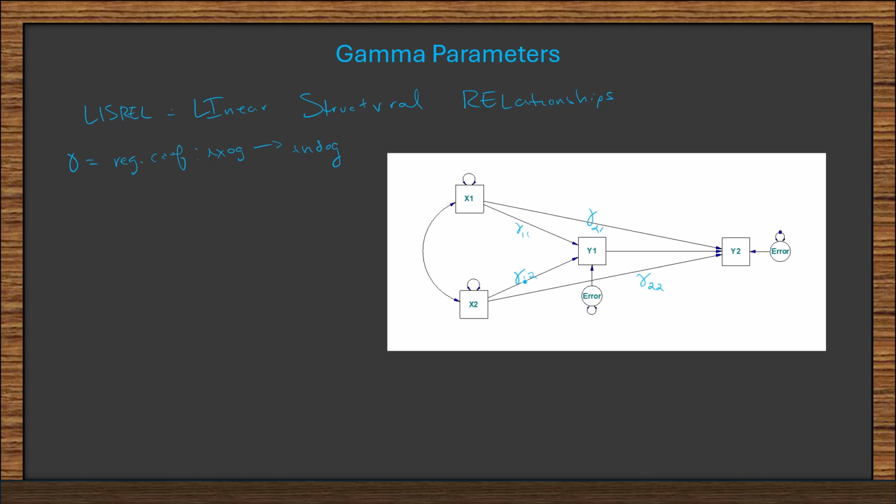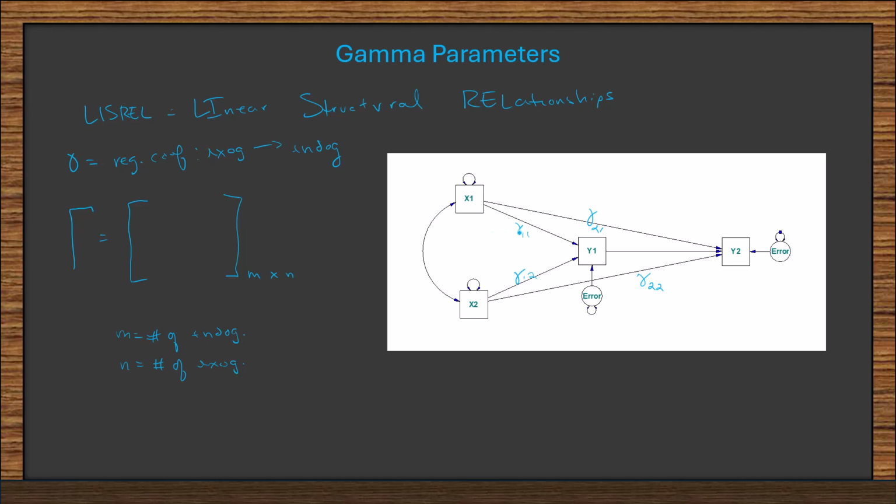Well, we can take these gammas and place them into a matrix. It's called the gamma matrix. Now, this matrix has the dimensions of m by n, where m is the number of endogenous variables. So rows are defined by endogenous variables. N is the number of exogenous variables, or the x's.